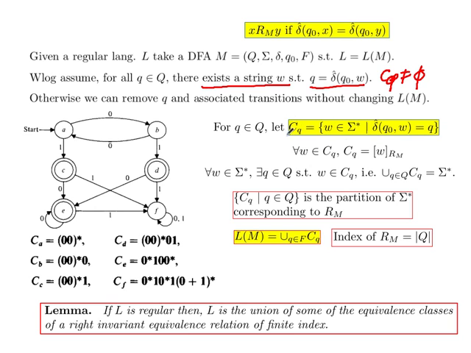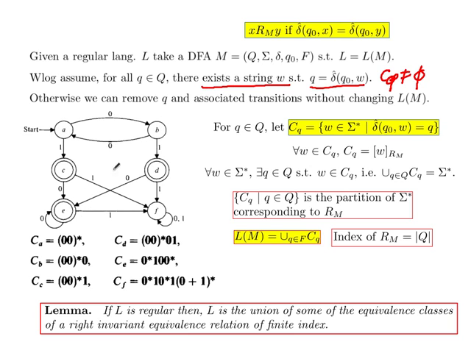So these are the equivalence classes, and we showed that these CQs are not empty. If we take the union of all these CQs, that will give you all the strings, right? Why? Because you take any string and process it, you are supposed to go to some state, because this is total, you do not get stuck.